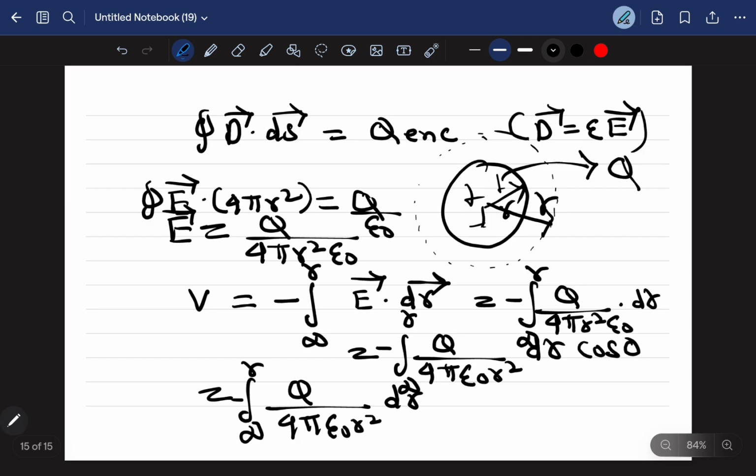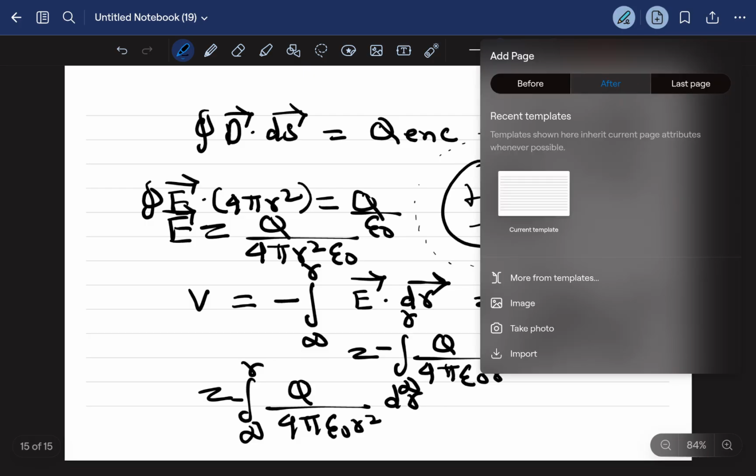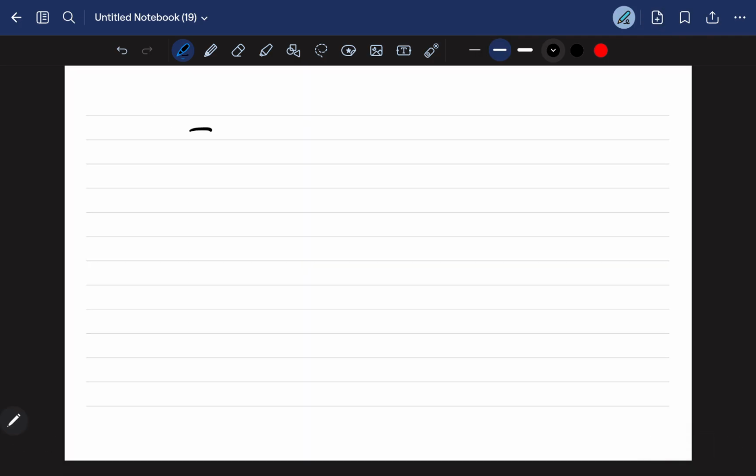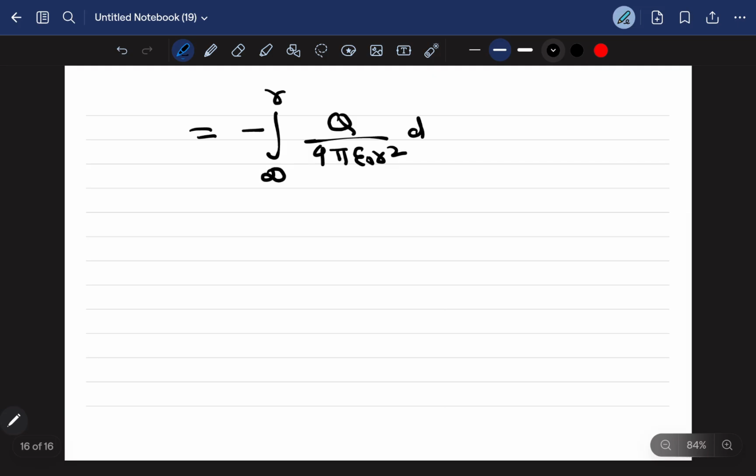After this, let's go to the next slide. So we got minus the integral from infinity to r of Q by 4 pi epsilon naught r square dr. Now we can take Q by 4 pi epsilon naught as a constant outside of the integral.